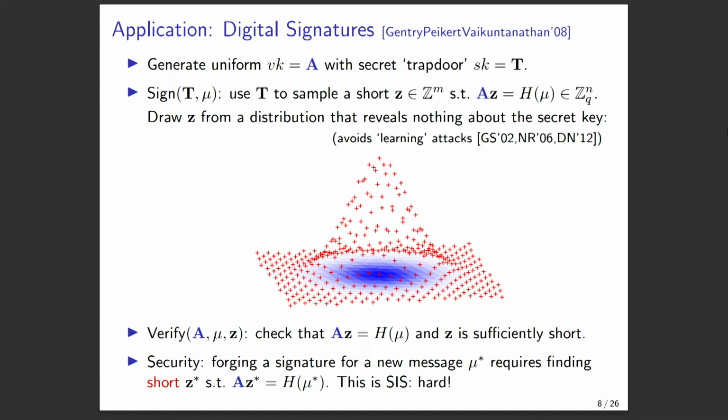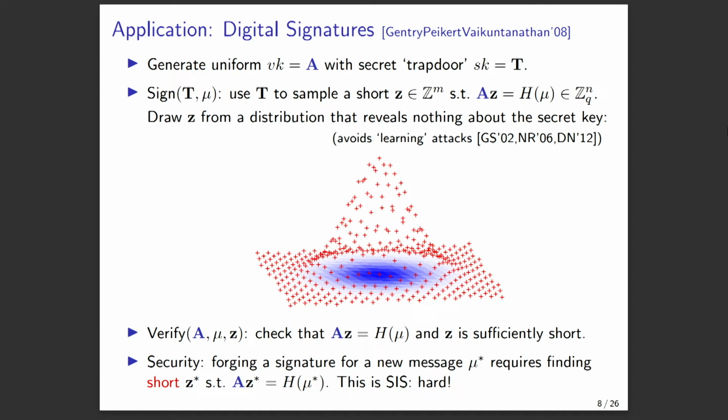And in order to create a good-looking signature, you have to find a short z star such that A z star equals that random target. Okay? And this is exactly the SIS problem that we've seen. Well, not exactly, but you can make it exactly. I think it might even be an exercise on the sheet. But if you think about it, you can see that indeed this is equivalent to, or at least as hard as, solving SIS.